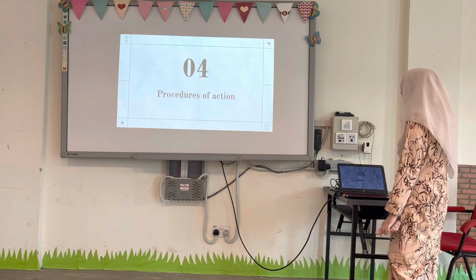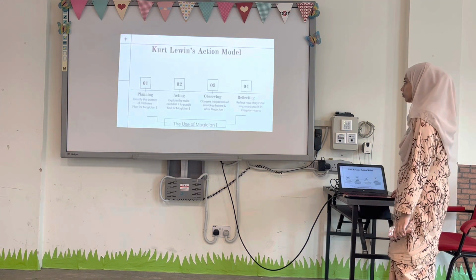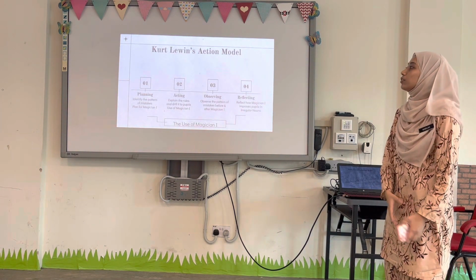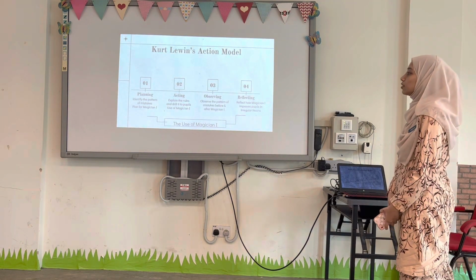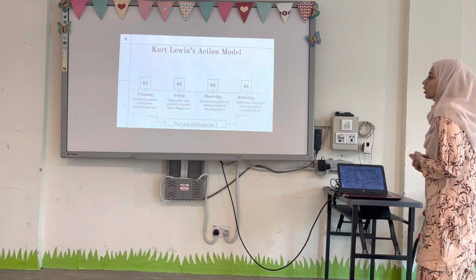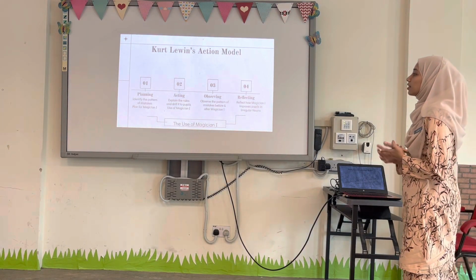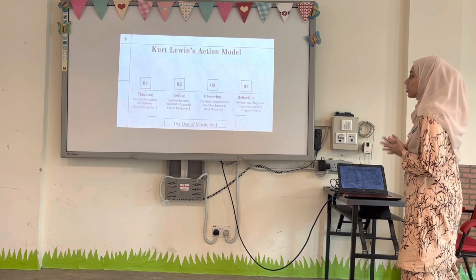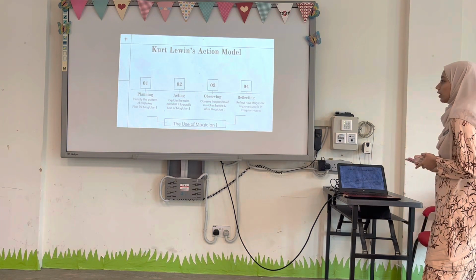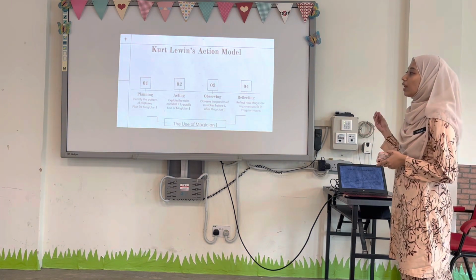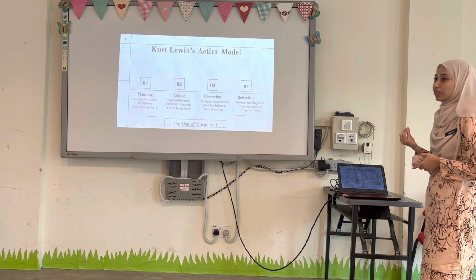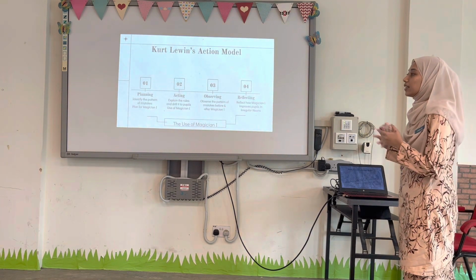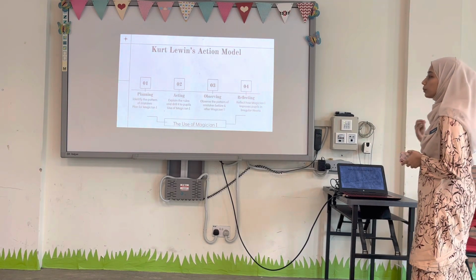Next one is the procedures of action. I'm going to use the Kurt Lewin action model, and there are 4 steps that I need to go through. The first one is planning, the second one is acting, the third one is observing, and the last one is reflecting. For planning, I will identify the pattern of mistakes in irregular plural nouns by looking at the worksheets that I'm going to distribute later.